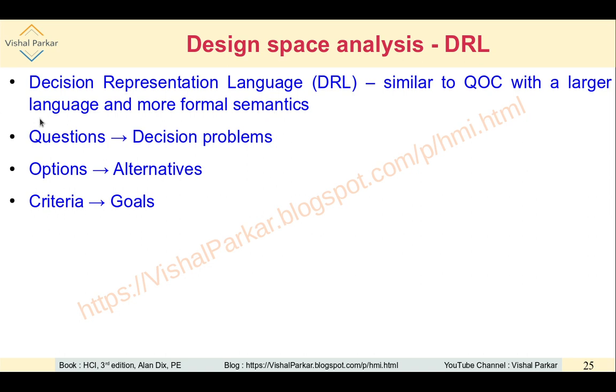Larger language means there will be multiple ways in which a question or the options and the criteria or the corresponding elements may be specified, and those things can be specified more concretely in a formal semantics. Here the only difference is that the questions are now called decision problems, the options are represented as alternatives, and the criteria are called the goals.